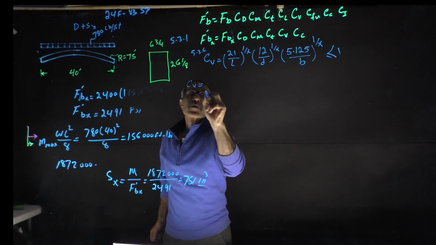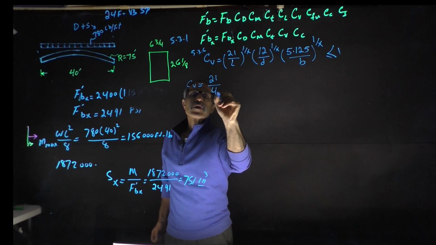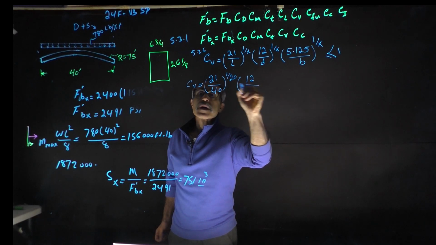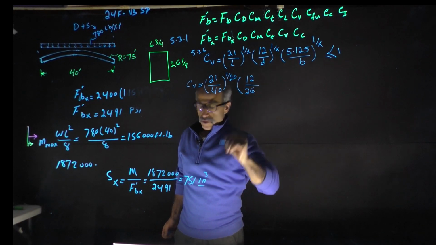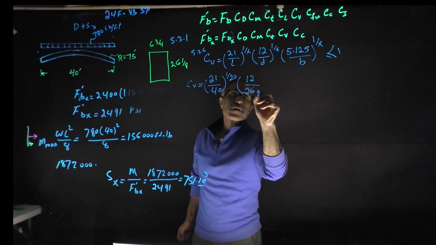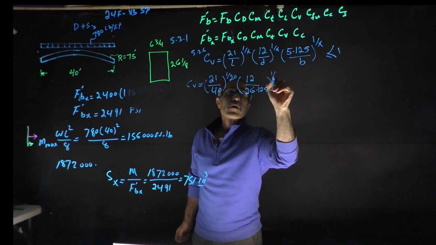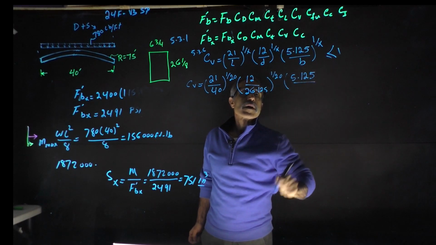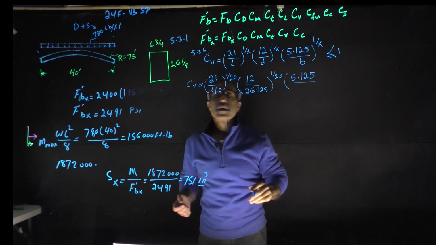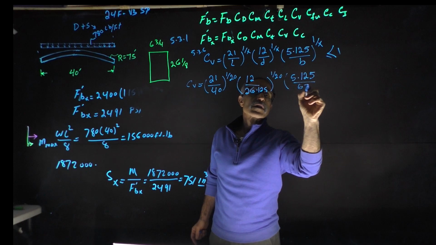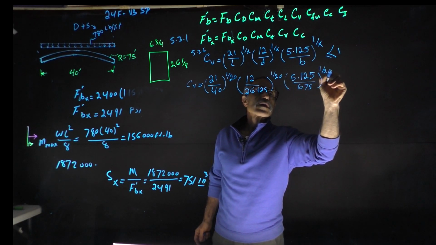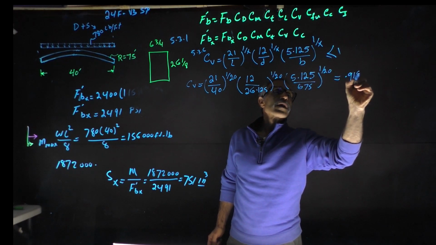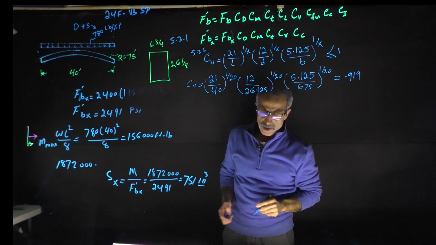CV is going to come out equal to 21 divided by 40, by power of 1 over 20, times 12 divided by 26, and 0.125, by power 1 over 20, and 5.125 divided by 6.75, by power 1 over 20, and I get 0.919. Okay, so now we found that.